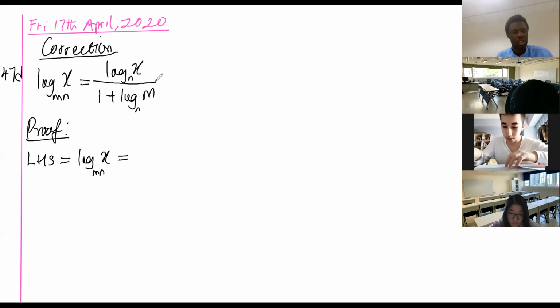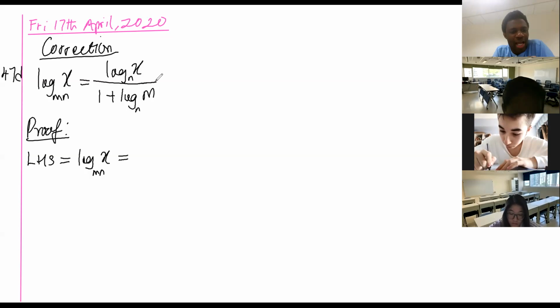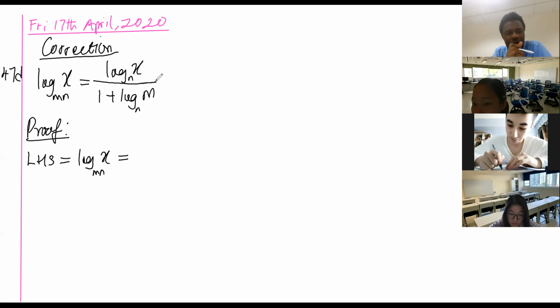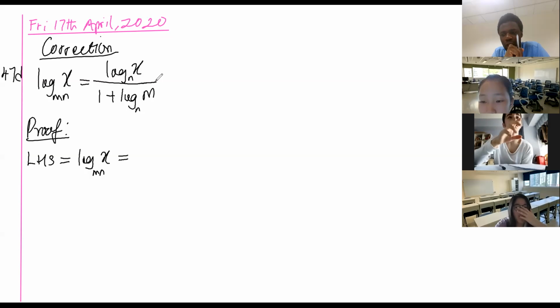Okay. So if you look at this, what base has this changed to, Alex? From your left-hand side, if you look at your right, what base is the answer going to? The base at the beginning is mn, but there's a change.